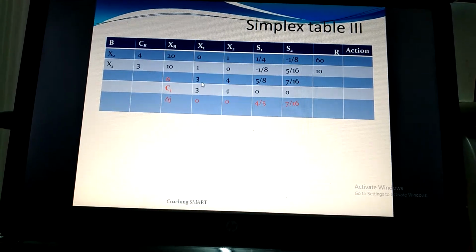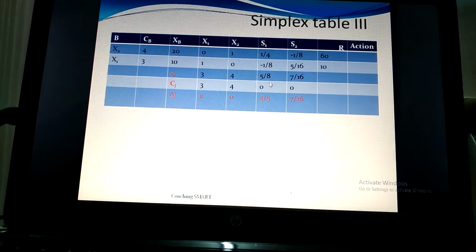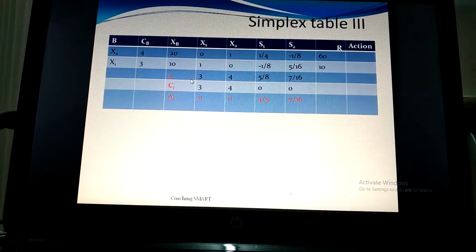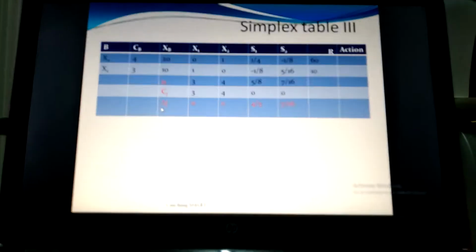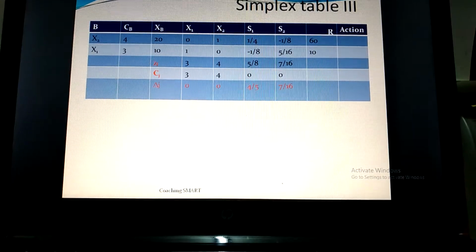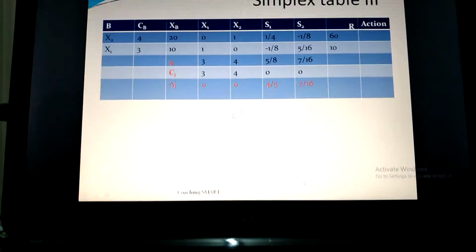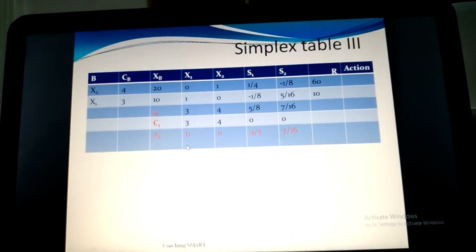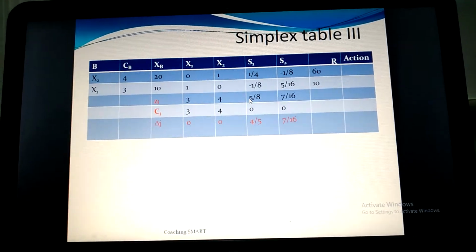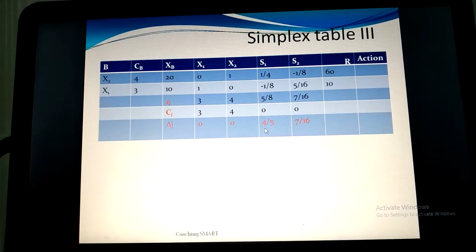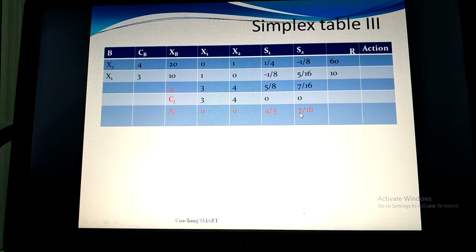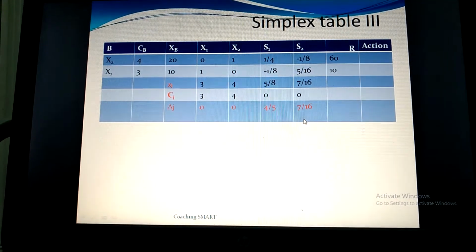So the values of Zj are 3, 4, 5 over 8, 7 over 16. Now what you do, you subtract. We get the net evaluation. So our net evaluation is 3 minus 3, 0, 4 minus 4, 0, 5 over 8 minus 0, which is 5 over 8, and 7 over 16 minus 0 is 7 over 16.